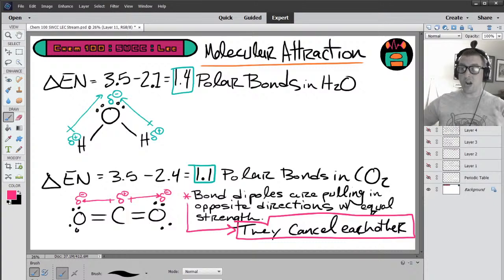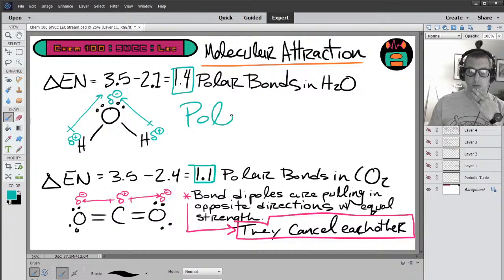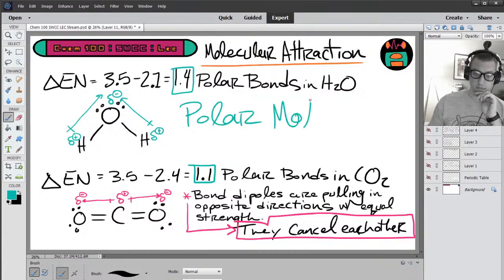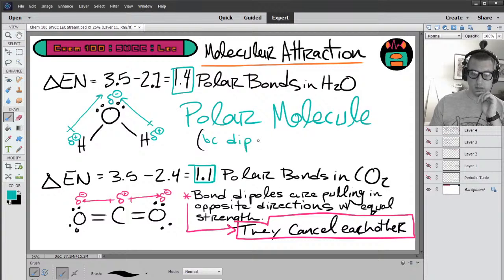But with water, if they were going dead on, they would cancel each other, but because they're slanted at an incline, they don't cancel each other, and so we would say that H2O is a polar molecule because the dipoles don't cancel.